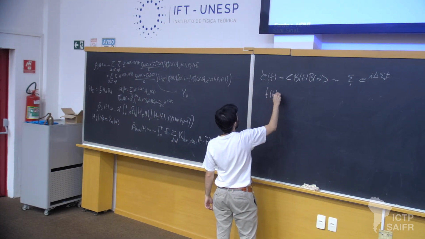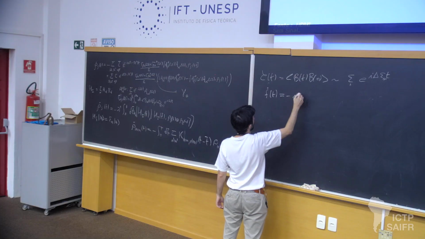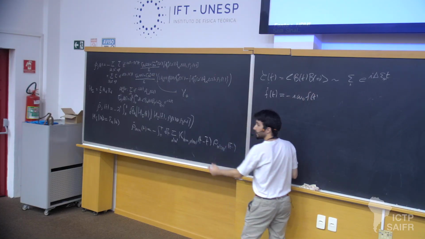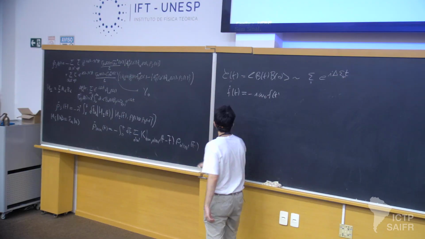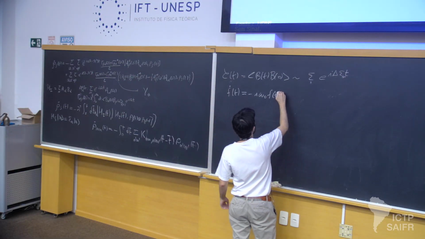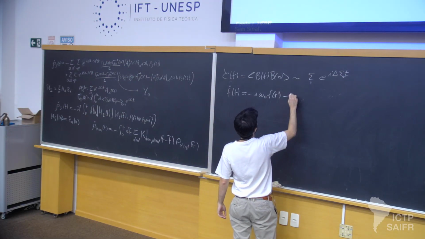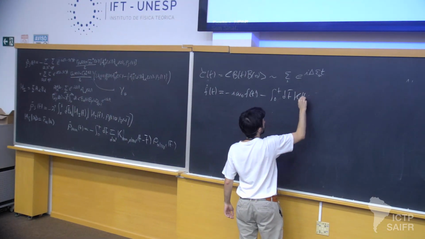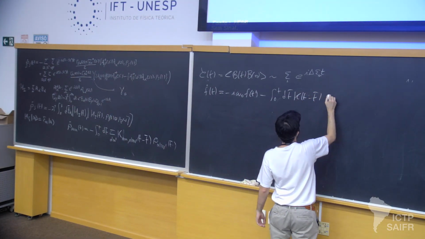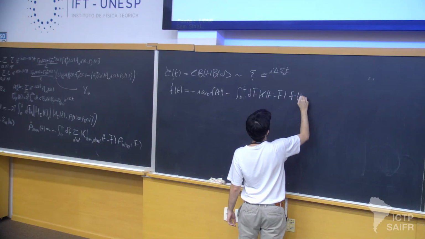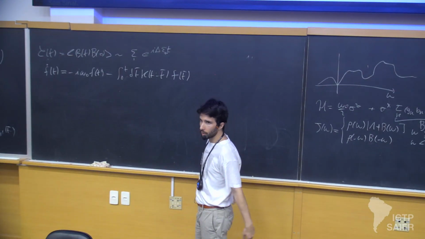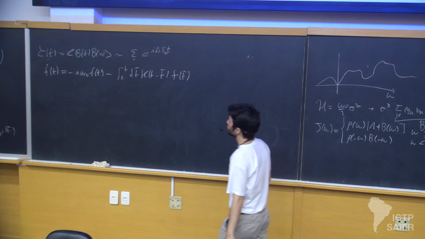For instance, this could be an equation for a single coherence, so a single off-diagonal element here that evolves on its own. So this is, let's say, a toy model for non-Markovian evolution.